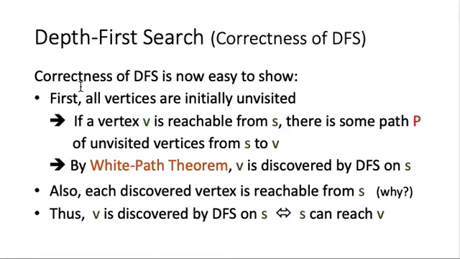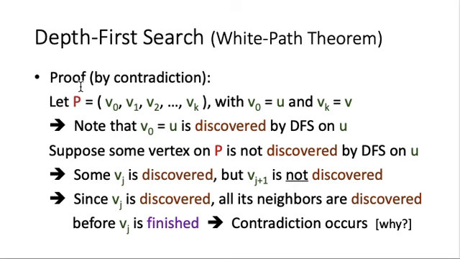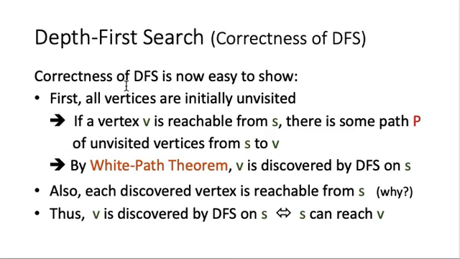Okay, now with the white path theorem, the correctness of DFS is very easy to see. At the very beginning, all the vertices are unvisited. They are all white. Then we start performing DFS on S, so S will now be discovered.